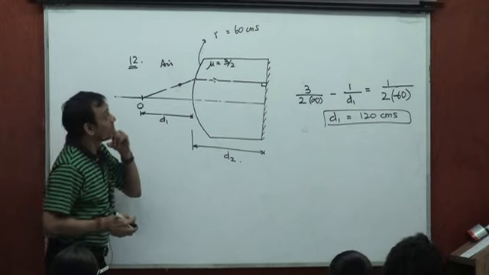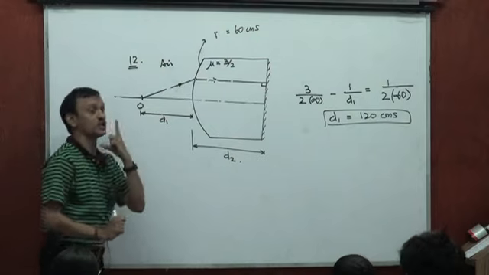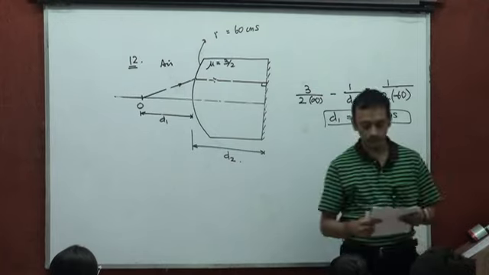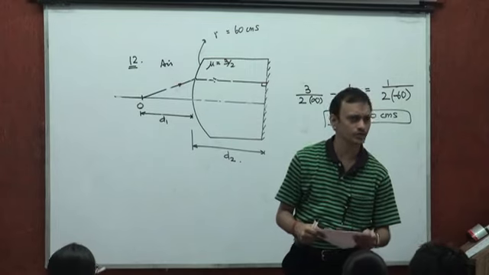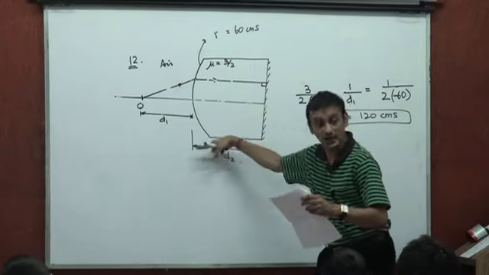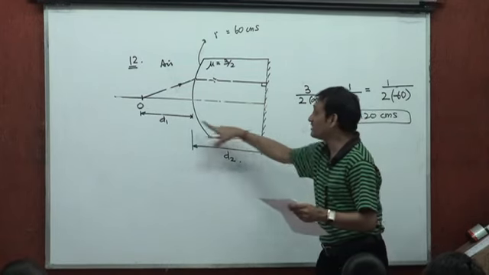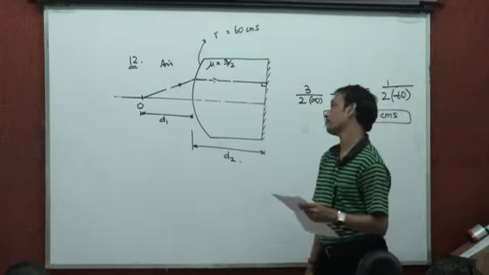So that's one way you can have the object and the image coincide. If you look at the options, option A is correct for sure, irrespective of D2, it does not depend on D2, realize that? So independent of D2, if D1 is 120 centimeters, the image and the object will certainly coincide.